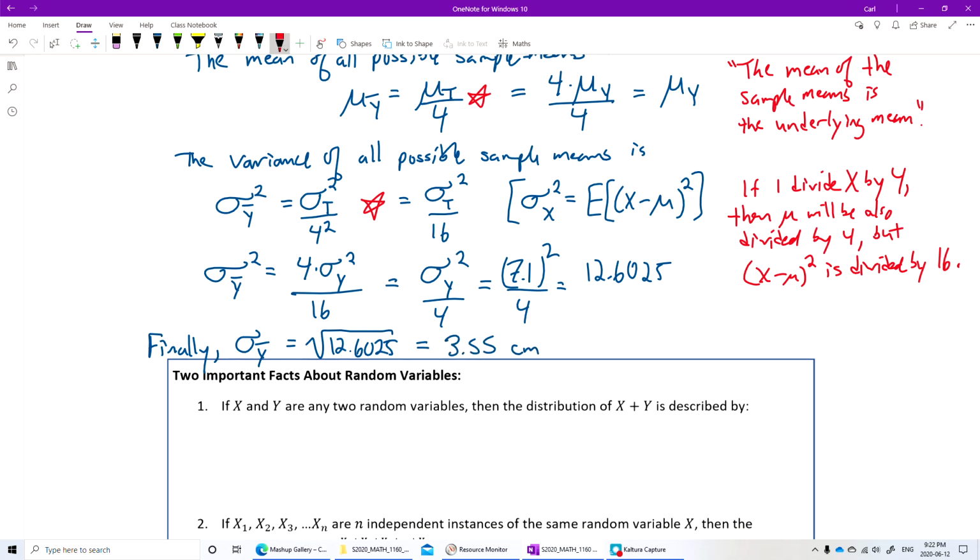And notice, okay, that's quite a bit less than sigma y. In fact, it's half of sigma y.